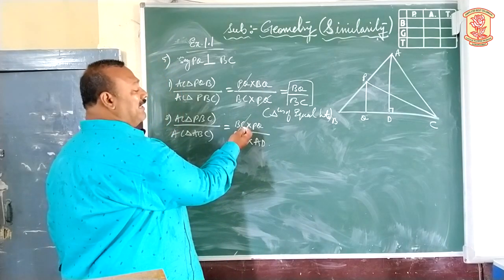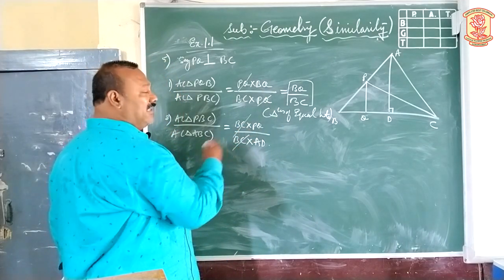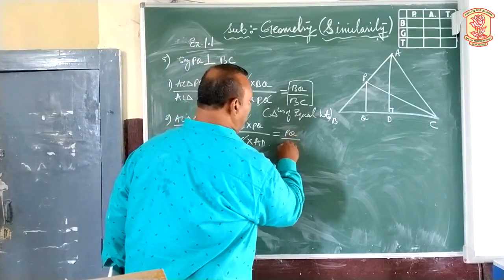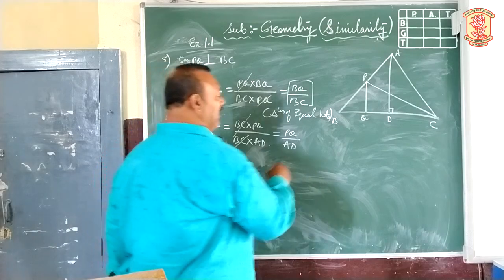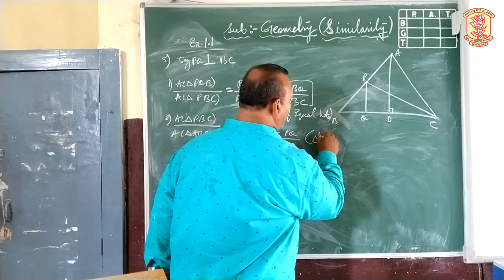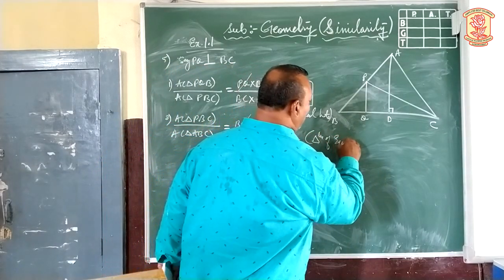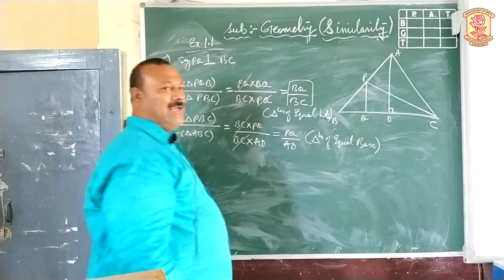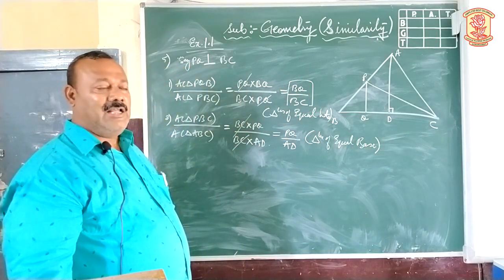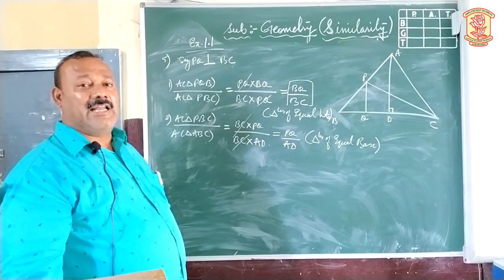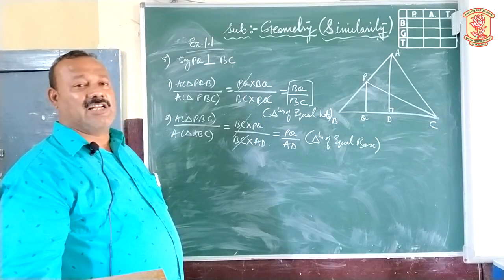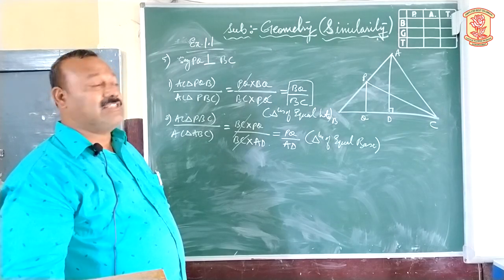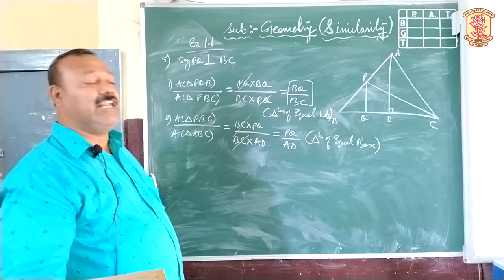First triangle, the base is BC. Of the second triangle, again the base is BC. Therefore, you get PQ upon AD. Here you can write: triangles of equal base. Whenever two triangles have the common base, their areas are proportional to the corresponding altitudes. First triangle, the altitude is PQ. Second triangle, the altitude is AD.